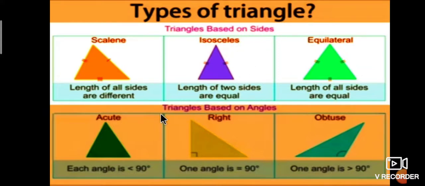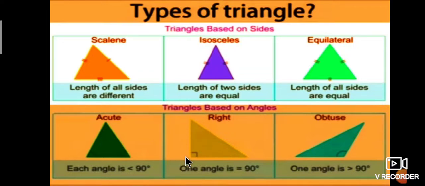Next students, triangles based on angles. One is the acute angle triangle. In an acute angle triangle, each angle is less than 90 degrees. Next one is the right angle triangle.